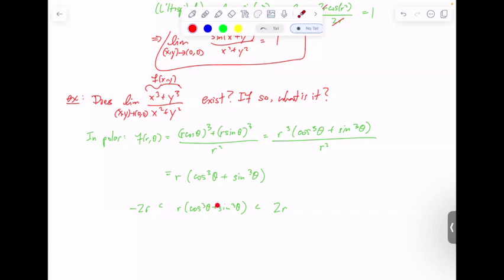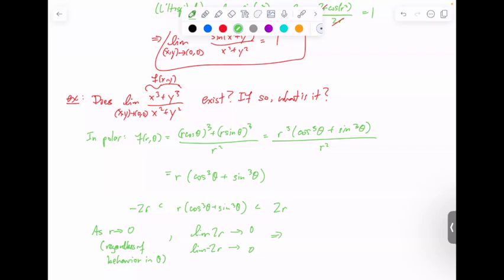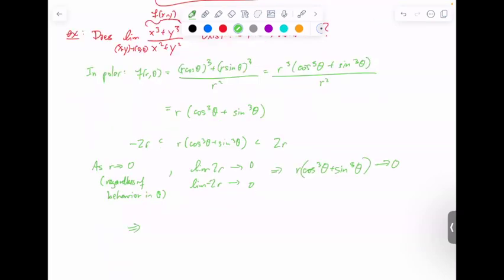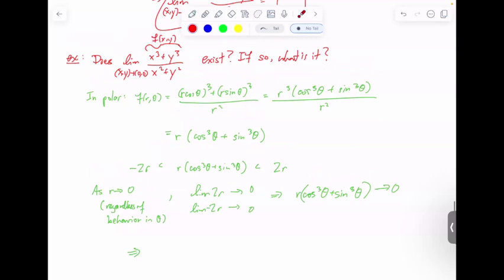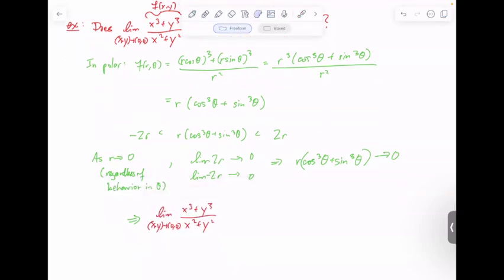So this quantity is between 2r and minus 2r, and as r goes to 0, regardless of behavior in theta, these go to 0. So what you actually want goes to 0, which means the original function goes to 0.